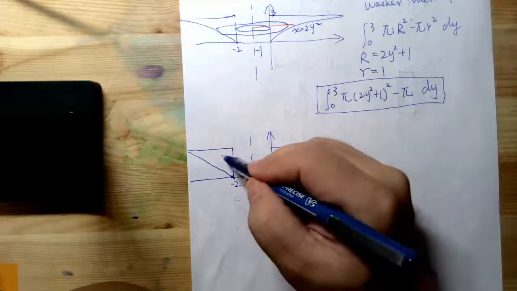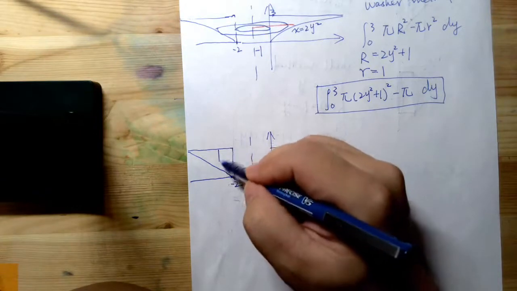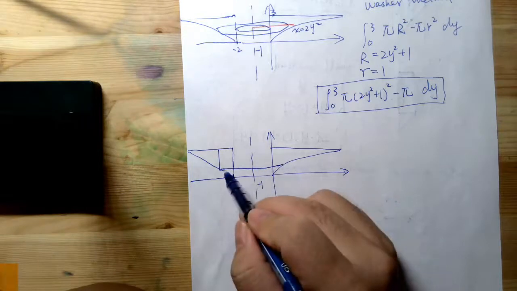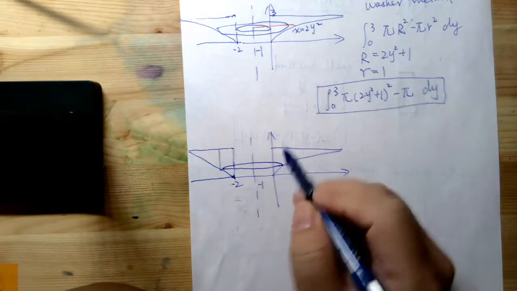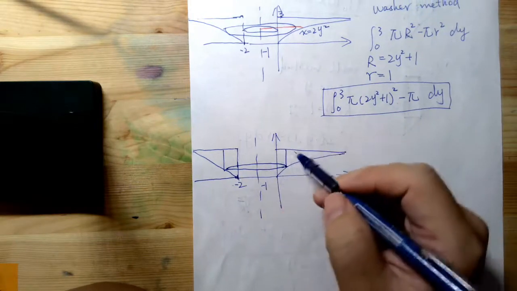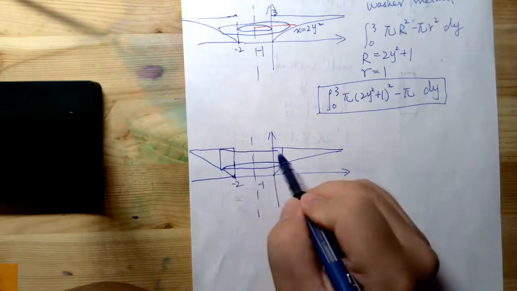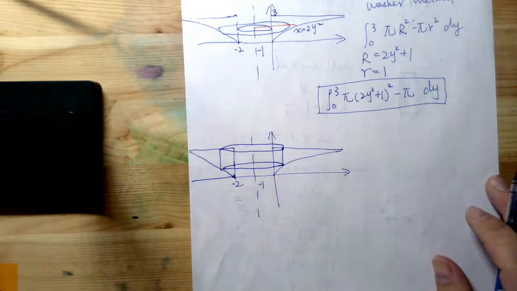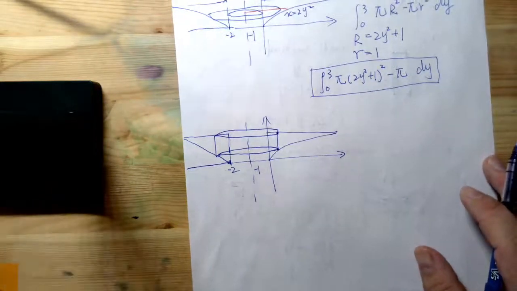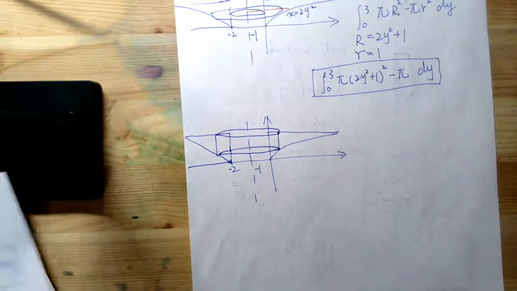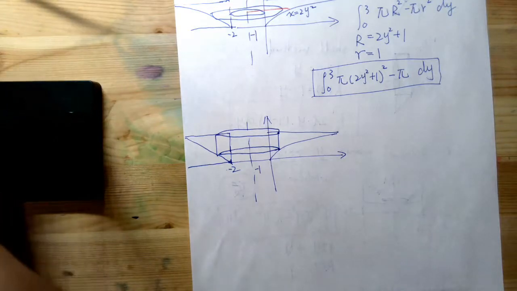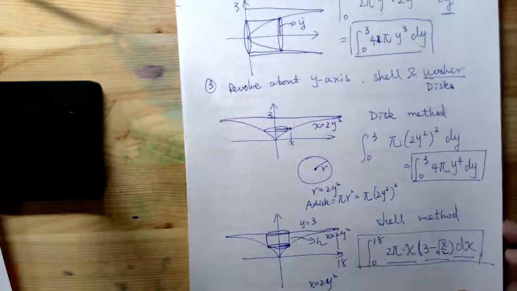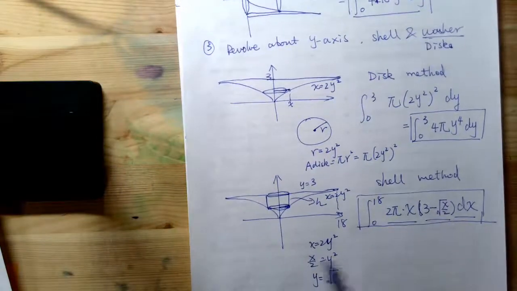So let's construct a shell here, guys. Okay, so that's going to be something like this, okay. Now, I want you to do a comparison with if we just revolve this part about the y-axis.